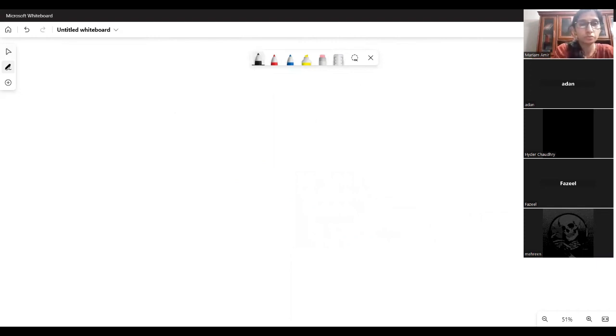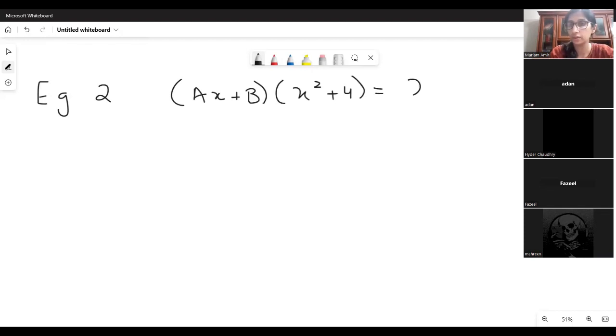So example 2, which is ax plus b times x square plus 4 equals 2x cube minus 3x square plus 8x minus 12. Okay, do it using the first method, which was expanding and comparing.